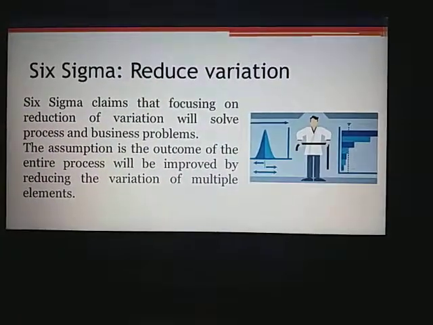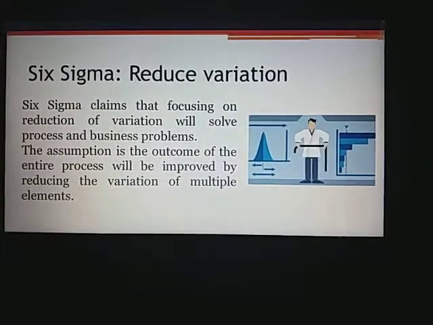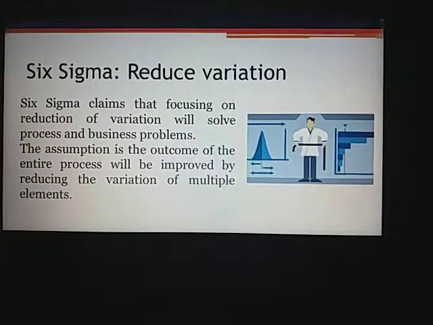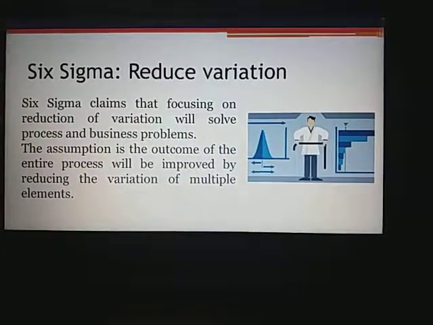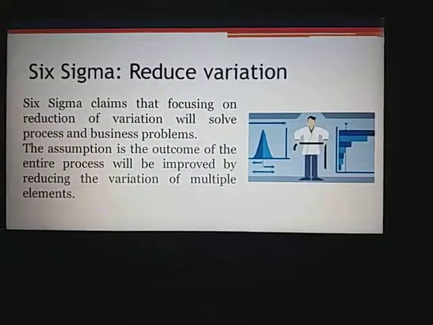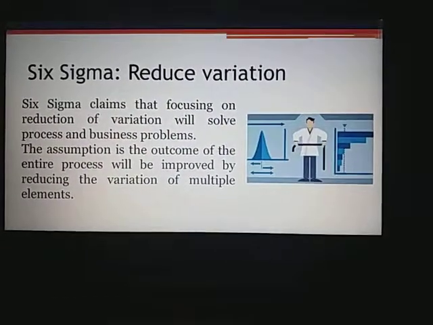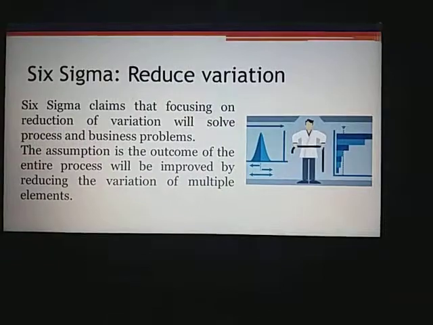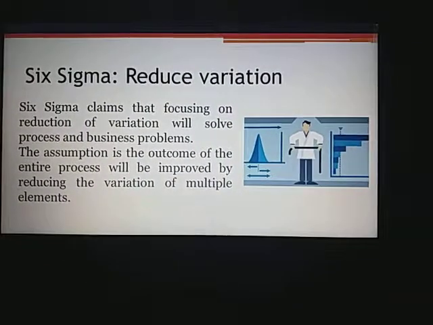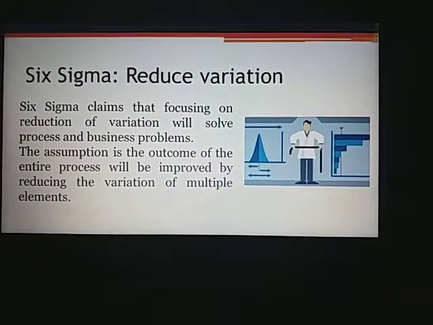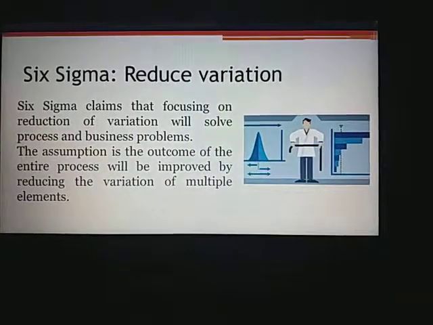Six Sigma claims that focusing on reduction of variation will solve process and business problems. By using a set of statistical tools to understand the fluctuation of a process, management can begin to predict the expected outcome of that process.